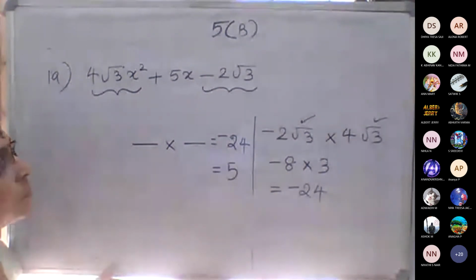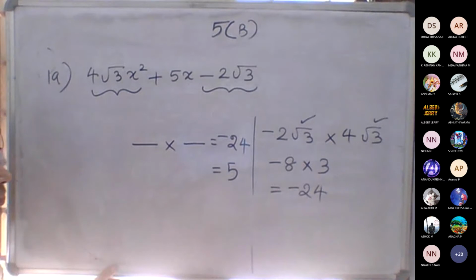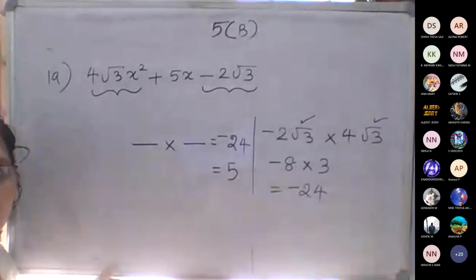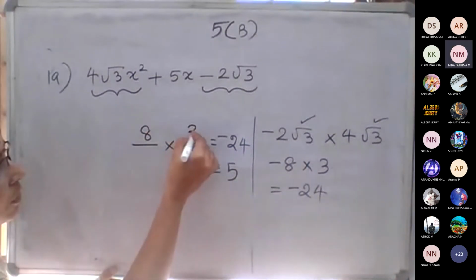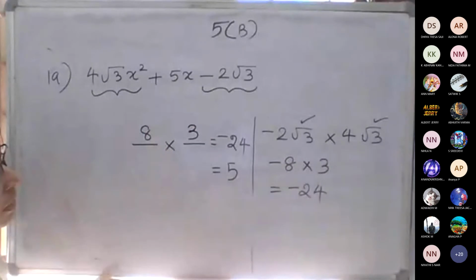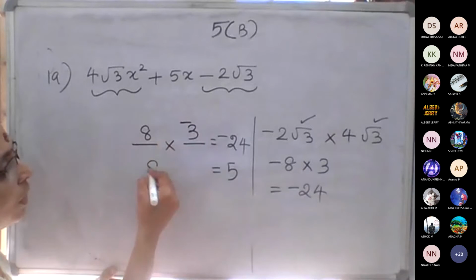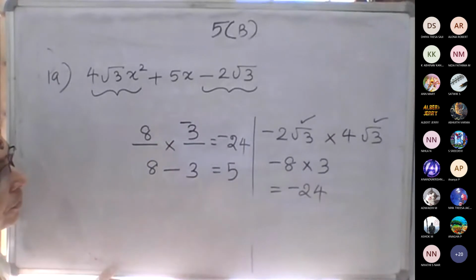Then find out which are the two numbers. 5 we should get, and 8 into 3. Which one will be positive? 8 positive and 3 negative. Negative 3. So 8 minus 3 is equal to 5.